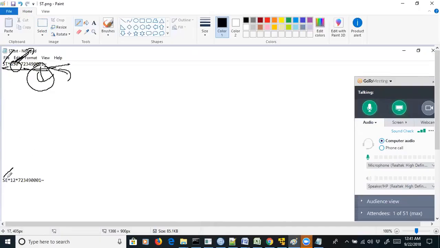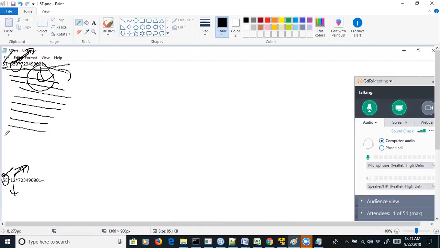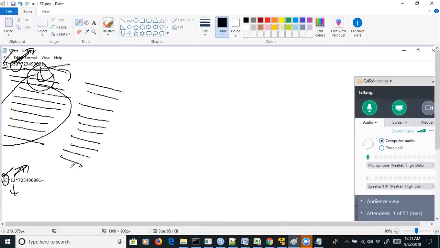Come to the SE. In SE you have SE, and then you have 12. What is this 12? This counts the number of records present in the ST, in your transaction set. So if your ST contains 10 segments, then it will be 10.